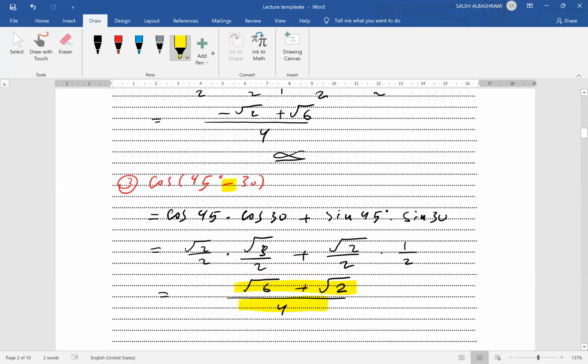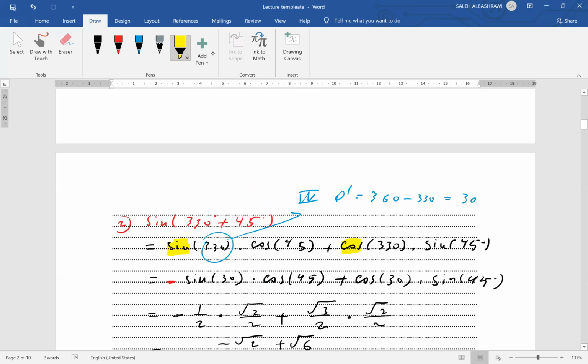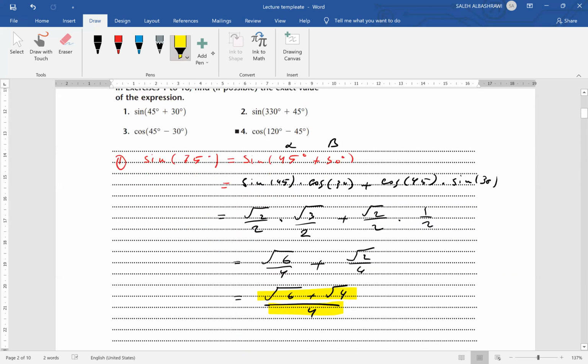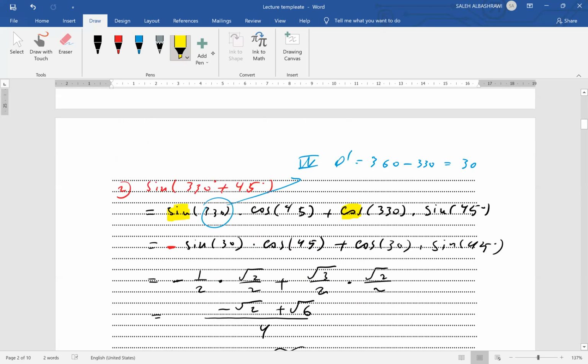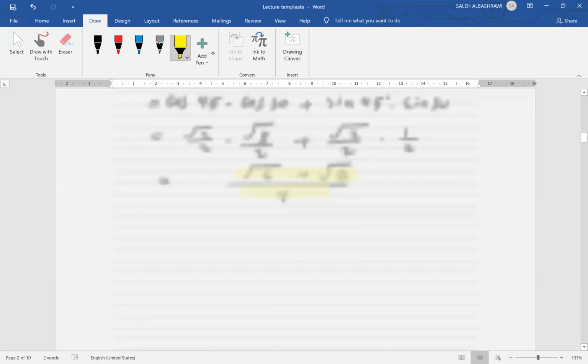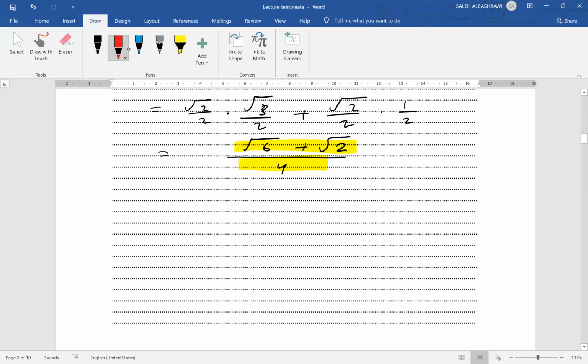Take one more, just the last example, number 4, which is cosine 120 minus 45. Cosine of 120 minus 45 is equal to, this is cosine alpha minus beta.